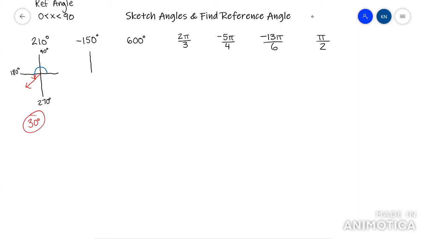Let's look at another. Negative 150 degrees. In this scenario, I'm rotating down instead of up because my angle is negative. And here's 90 degrees right here. Here's 180 degrees. So I'm going to go past 90, but not quite all the way to 180 degrees.